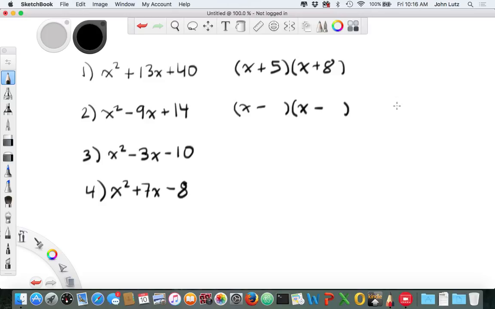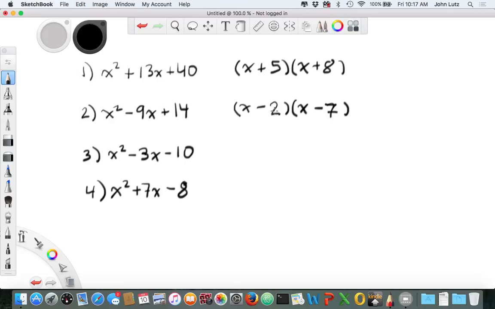So it would be negative 1 times negative 14, which would give us positive 14. But when you add them together, that would give you negative 15. So what about negative 2 times negative 7? They multiply to give you 14, but then they add to give you negative 9, so that works. X minus 2 times x minus 7.